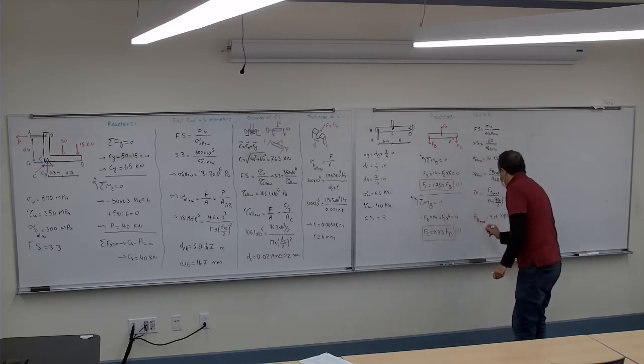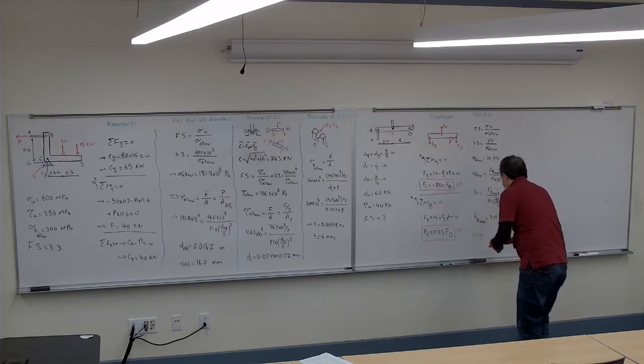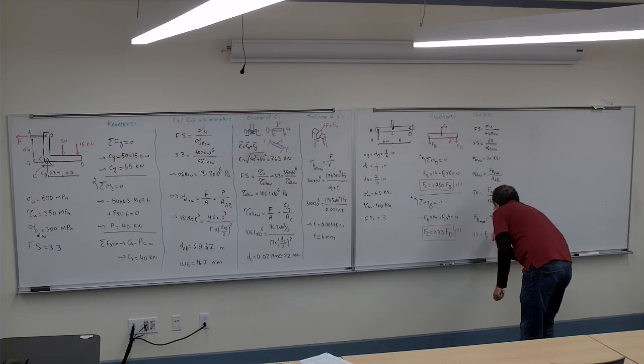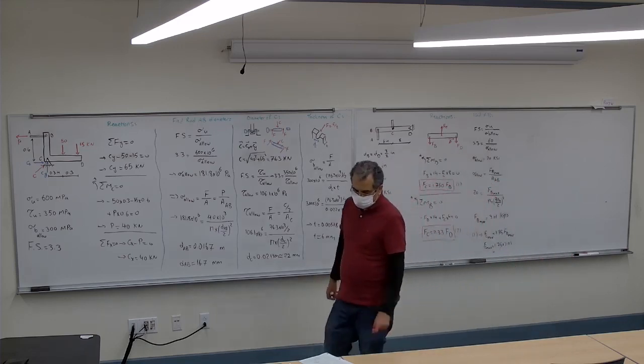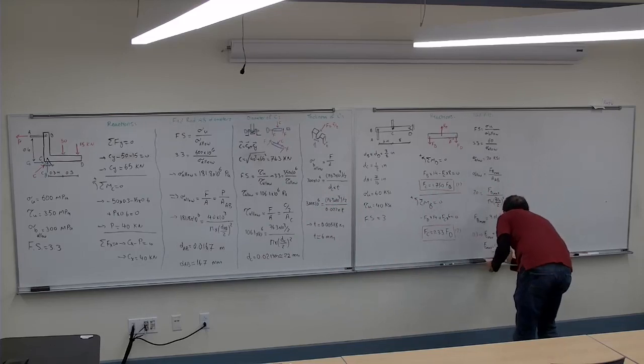If I use equation 1, then how much would be the maximum? So C max would be 1.75 of FB max. So C max is 1.75 times 3.01, which would be 5.27 kips, if I have it right.